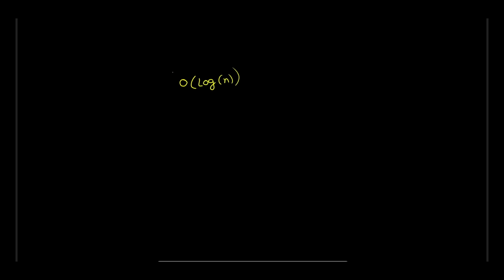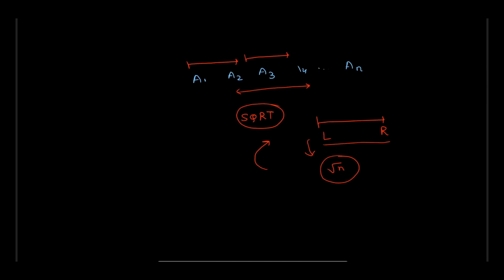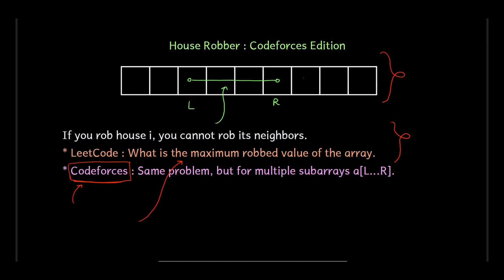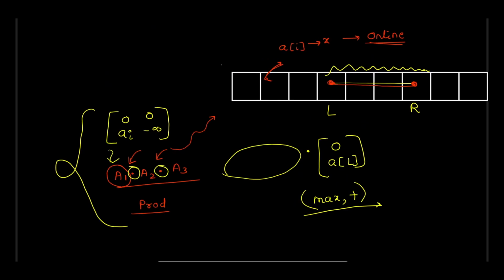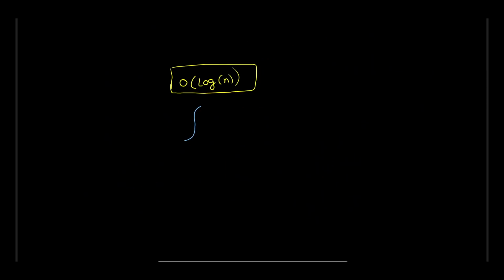Of course, if you need to solve for the entire array, one single pass is enough. But if you wanted updates on this array, as well as if you wanted to answer subarray queries, then you could do that via segment tree and matrix multiplication. Now, is matrix multiplication too advanced a concept?